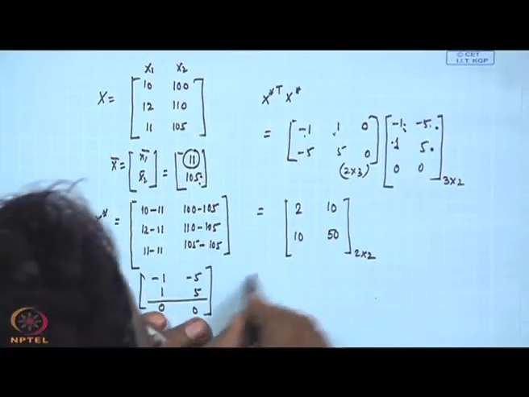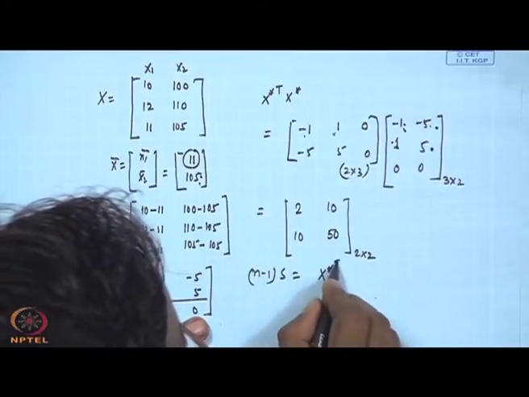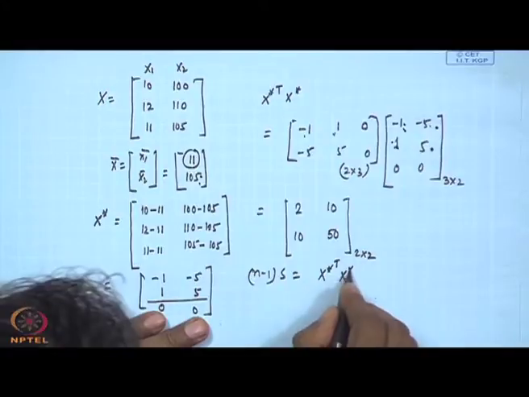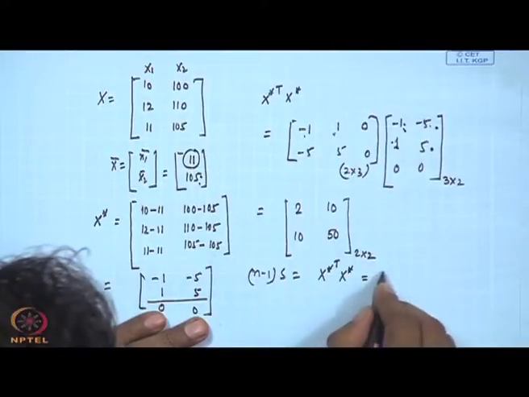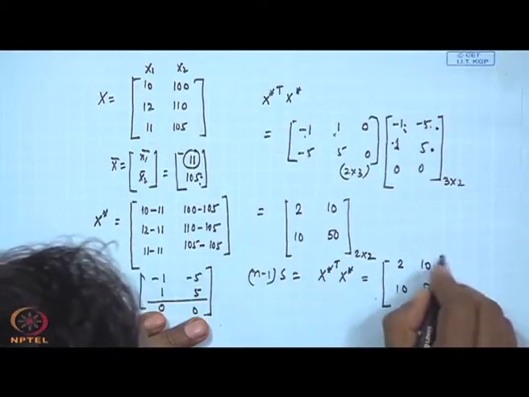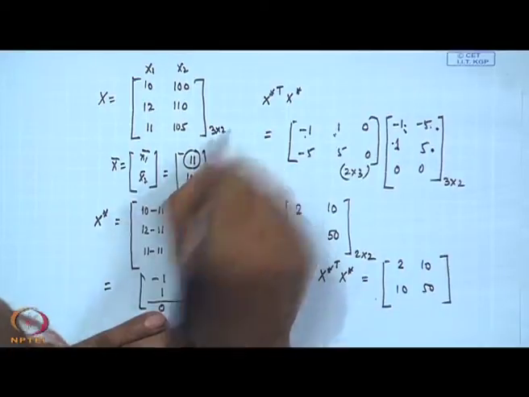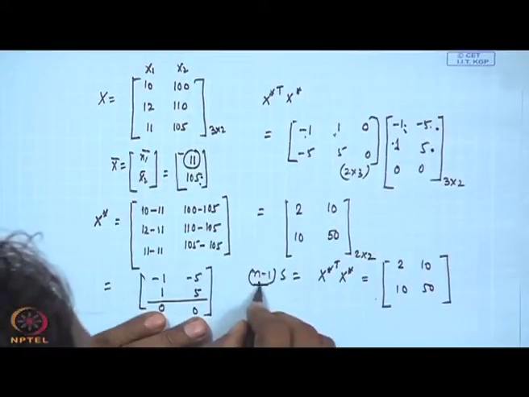So we say n minus 1 into S equals X star transpose X star, which here is 2, 10, 10, 50. What is the n value here? n is 3, so n minus 1 is 2.